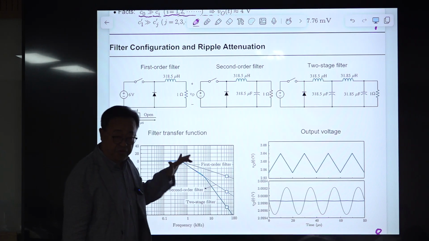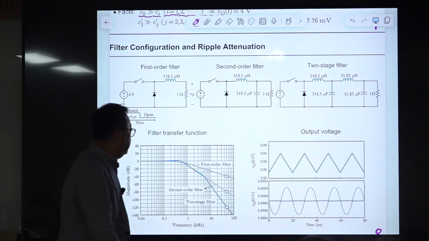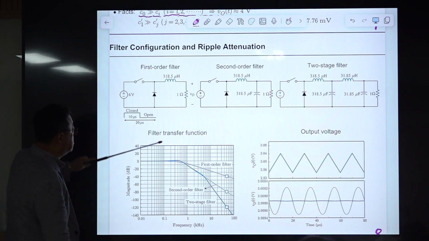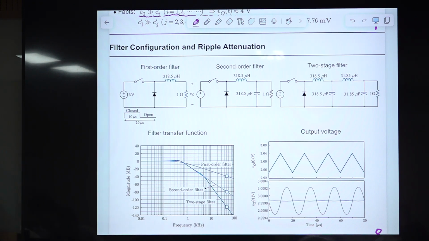This is a two-stage filter. And this is a comparison of the filter transfer functions. This is the ratio of Vo divided by Vx in dB scale. This is the corner frequency, the pole frequency.